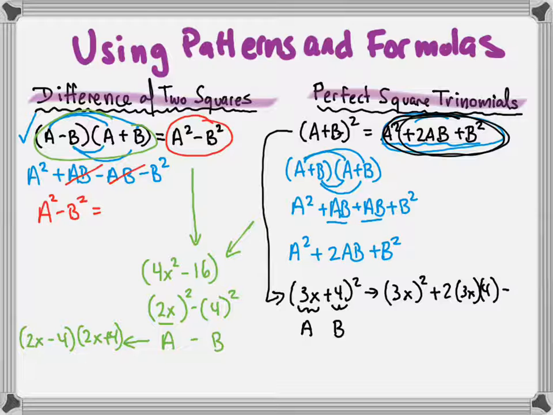Let me get those parentheses in there. Plus b squared, which is 4 squared. So to undo this by pattern, we have this, which is going to put that exponent into each one of those terms, and that's going to give me 3 to the second, which is 9x squared, and then multiplying all those together, we got 2 times 3 times 4, which is going to give me 24x, and then 4 squared, which is 16.